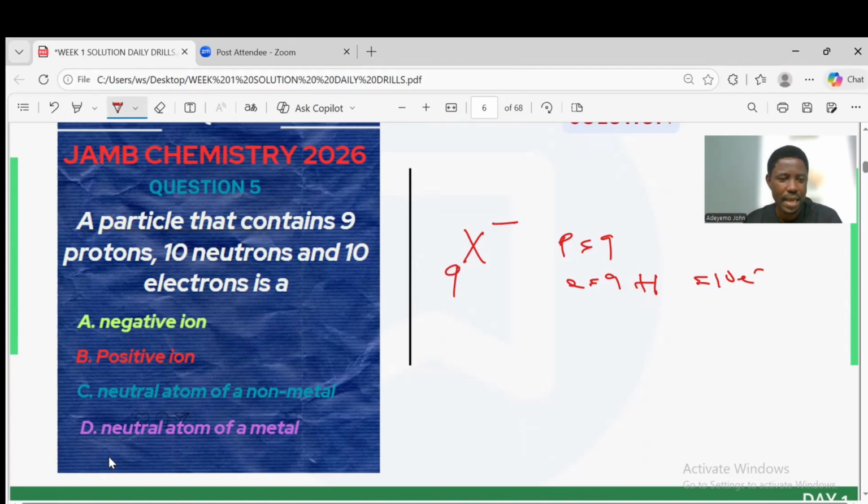And when you add proton plus neutron, 9 plus 10, you get the mass number. We don't need that though, but I'm just telling you. So this is the proton number. Electrons are supposed to be 9, but because it is 10, it has gained 1 electron. So it's a negative ion, and that's why this is the answer.